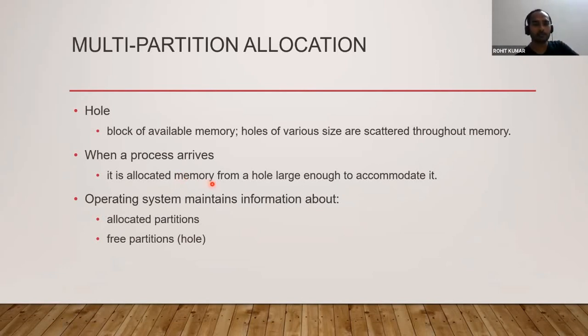The operating system will maintain information on both things, the available holes and the allotted partitions. If you add the allotted partitions and the free partitions, that is your total memory, because all memory locations will be either empty, meaning holes, or allocated, meaning filled.